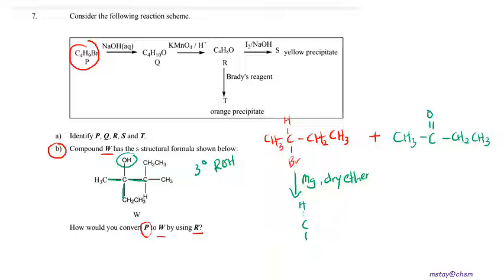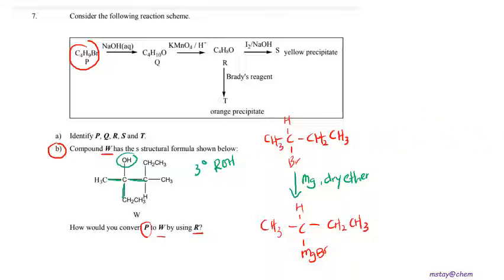Sorry, I think I have to change the color first to the red color. CH3CH, so this one will become MgBr, and then CH2CH3. Okay, when they react with the butanone, CH3 C double bond O CH2 CH3, followed by hydrolysis, we will start from here.